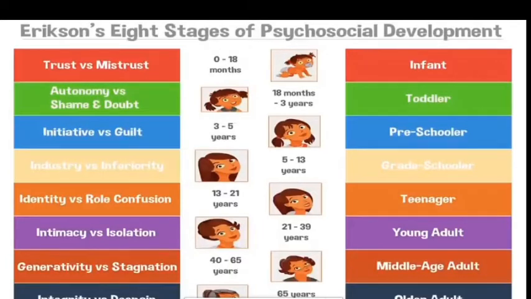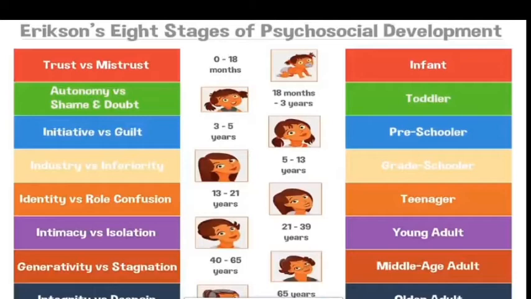In this case, the infant is very fragile, very sensitive, and very dependent on the caregivers. So as caregivers, you need to be aware that from 0 to 18 months, the infants are trying to develop the value of trust. If you do not give her what she needs, then she might develop mistrust and not be able to trust people as she goes throughout her life.